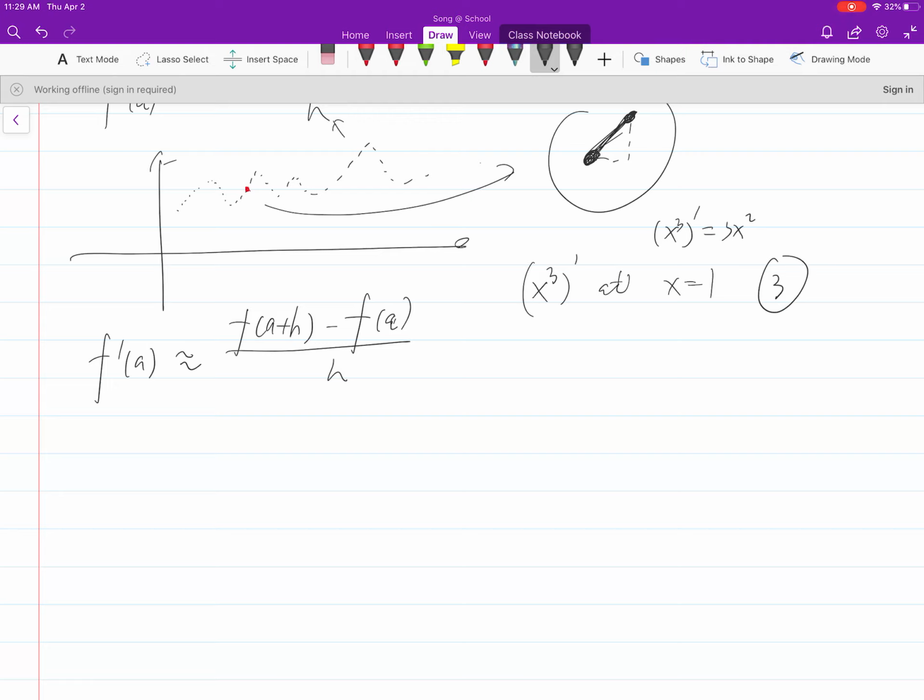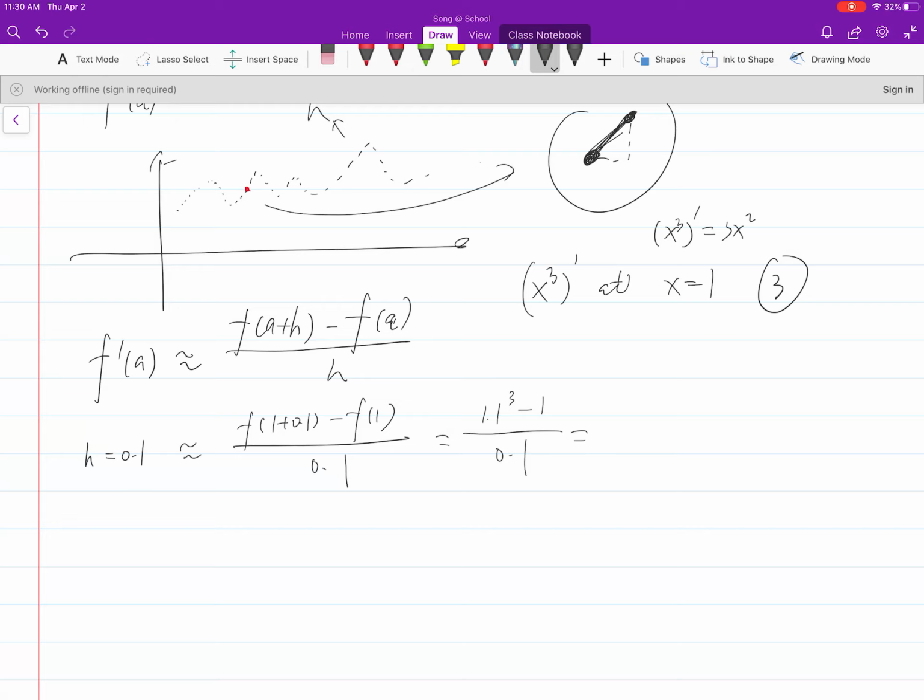That's the real value. But now what we're going to do is take a calculator and approximate it, and we're going to pick h equals 0.1. Then it's really easy to do. That's going to be f(1 plus 0.1) minus f(1), divided by 0.1, which is 1.1 cubed minus 1, divided by 0.1.